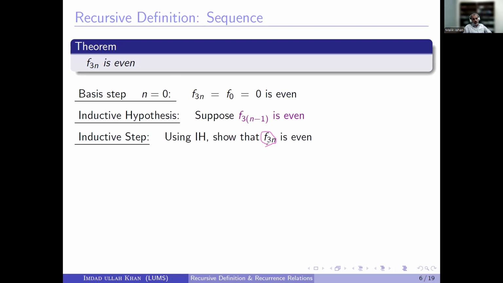F3n is a Fibonacci number which is the sum of the previous 2 Fibonacci numbers. If you try to recall the previous 2 Fibonacci numbers, they are F3n minus 1 plus F3n minus 2.